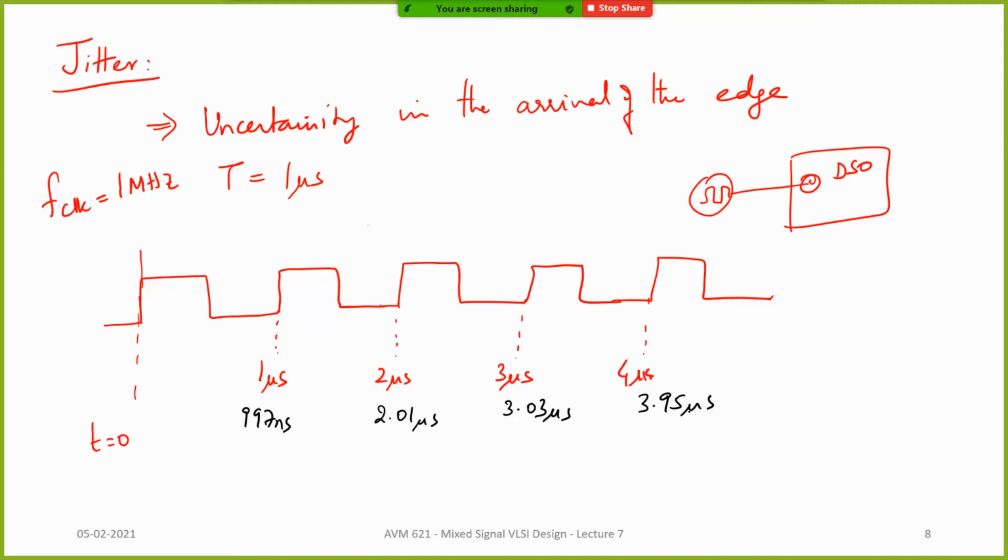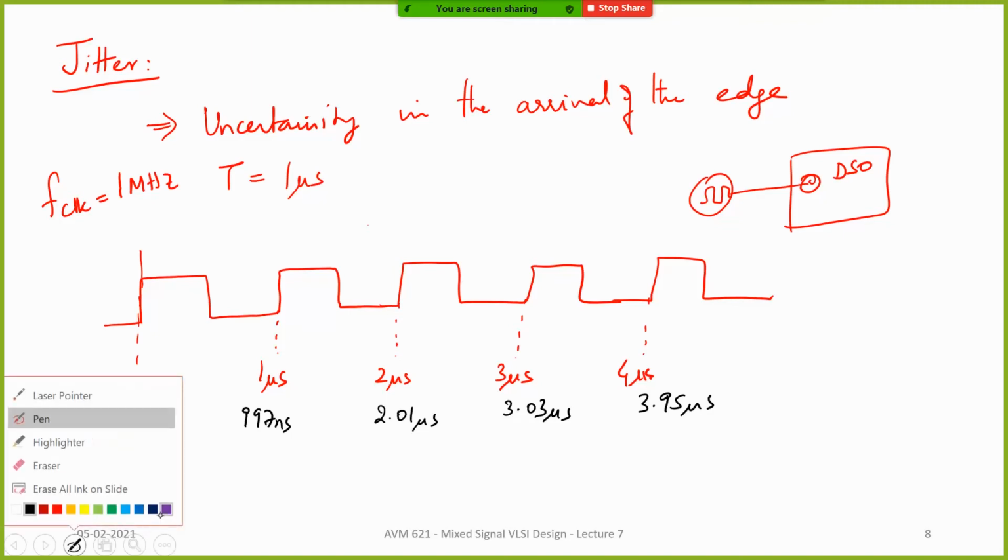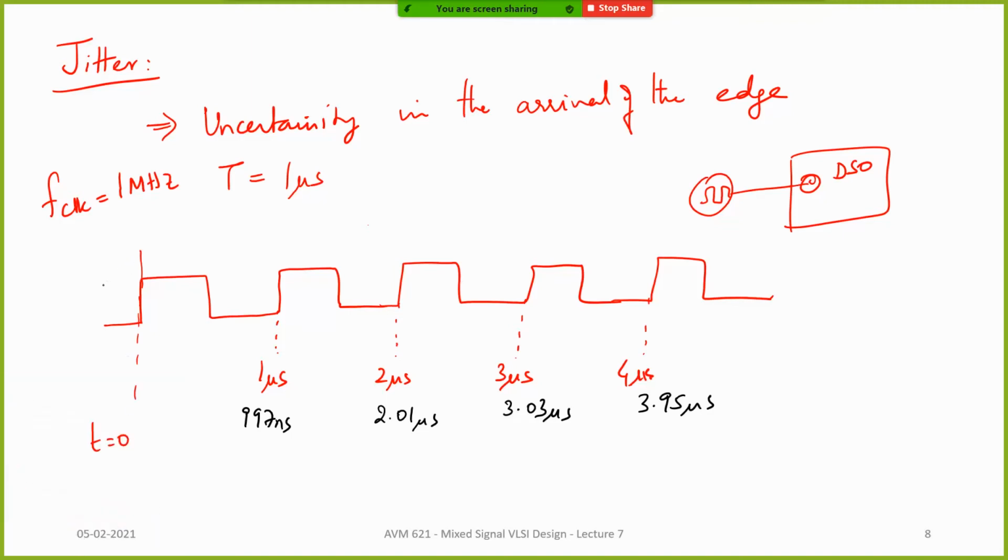But now what is happening is, let's say I am going to overlay my sinusoid. Let's say my sinusoid is going to be like this. And I'm sampling my signal. This is my x of t that I'm sampling. Let's assume that my first sample is correct. Now you expected the second sample to come at what? Exactly 1 microsecond.